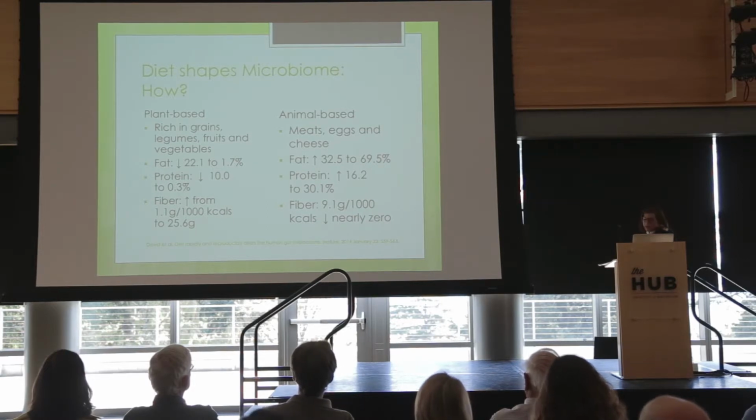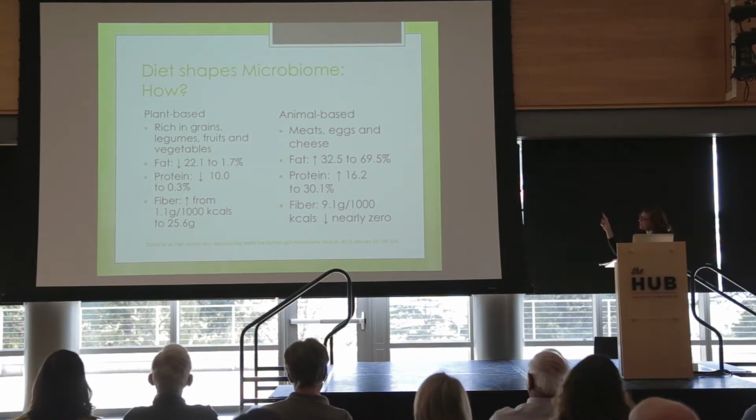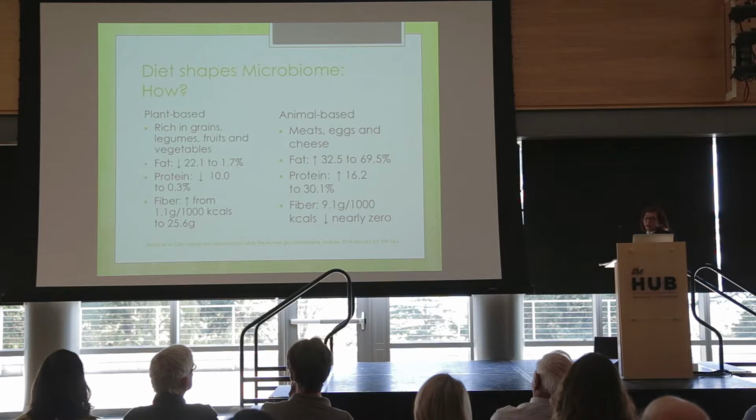And as you can see, there's a difference in the macronutrient profile. Animal-based was really high fat, really high protein, not super low fiber, but lower in fiber. Whereas the plant-based was rich in grains, legumes, fruits, vegetables, lower fat, lower protein, and high fiber.